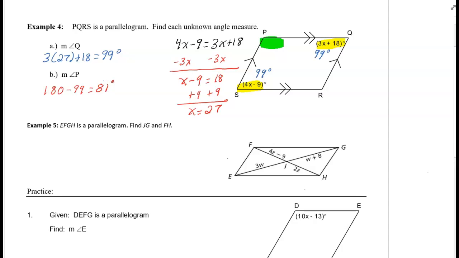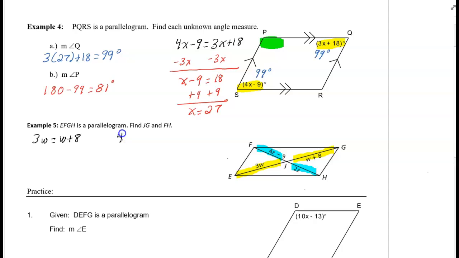If you'd like to pause the screen and try problem number 5, please do so. In problem number 5, we want to use the fifth property we learned, that the diagonals bisect each other. So the yellow pieces are going to be equal, and the blue pieces that I'm highlighting are going to be equal. So we have to solve two equations. The first equation would be 3w is w plus 8.